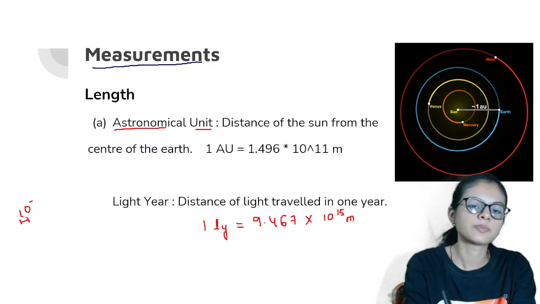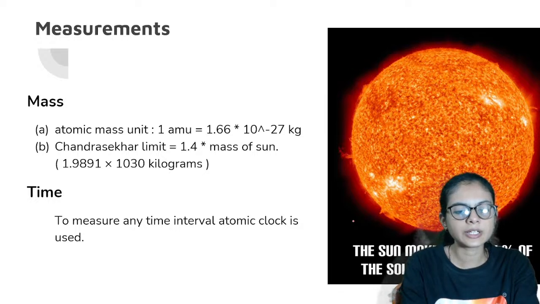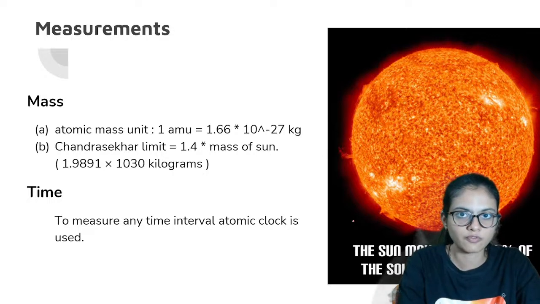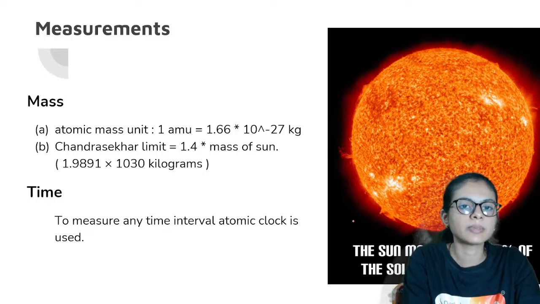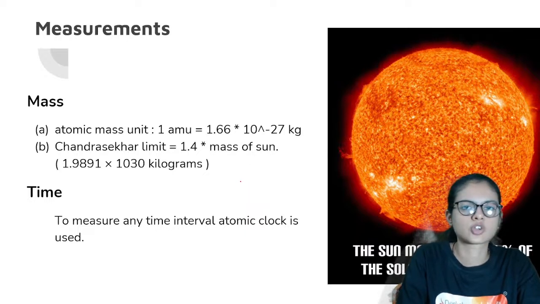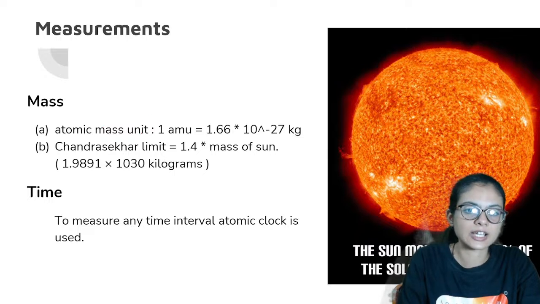Okay. So let's move to the next thing, that is about mass. Not only the distance but masses also exist in very varied ranges. Mass can be as small as Planck's constant. You can consider the atomic mass unit, not astronomical, atomic mass unit, called 1 AMU, and its value is 1.66 into 10 power minus 27 kg.